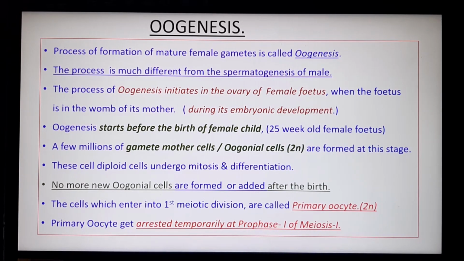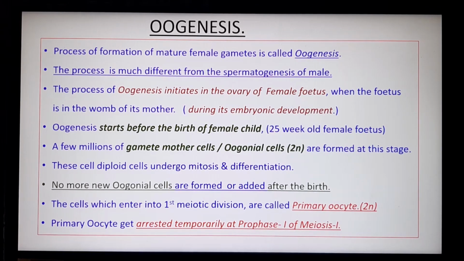So we can say oogenesis initiates during the embryonic development of the female fetus. And we know in male it starts at puberty, but oogenesis starts before the birth in the female child.